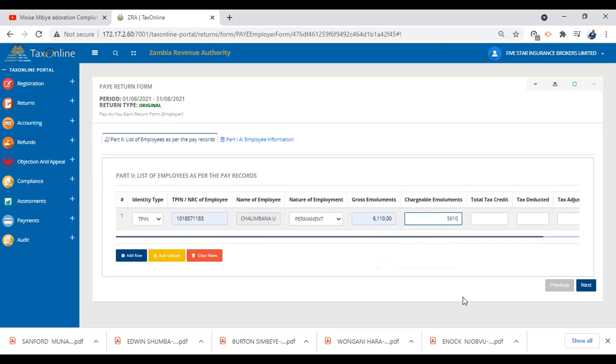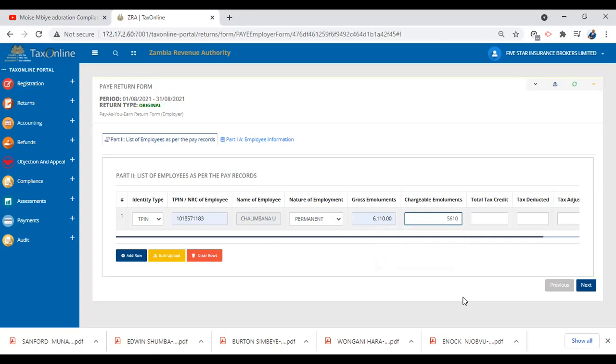That is what you charge to tax because they are exempt by an amount of 500 kwacha. Okay, so that is what we do.